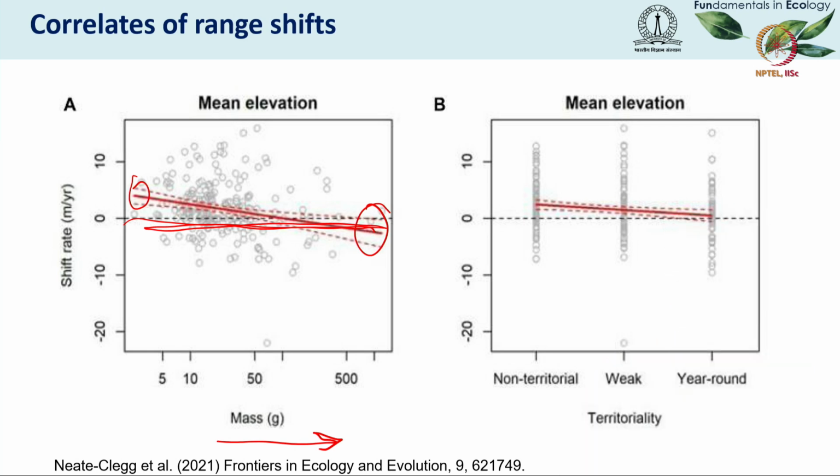This is also correlated with territoriality. Does a species hold a territory? Non-territorial species seem to be able to shift ranges, whereas year-round territorial species are on average not likely to shift in elevational range.